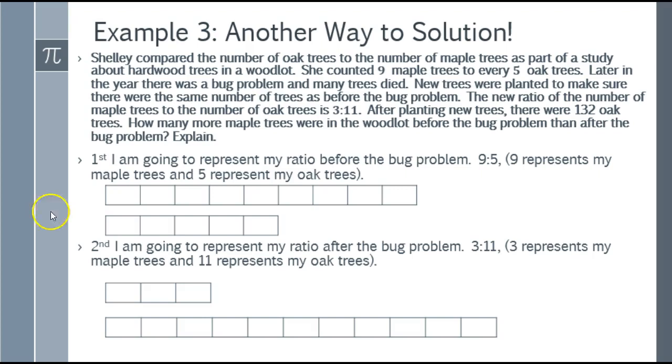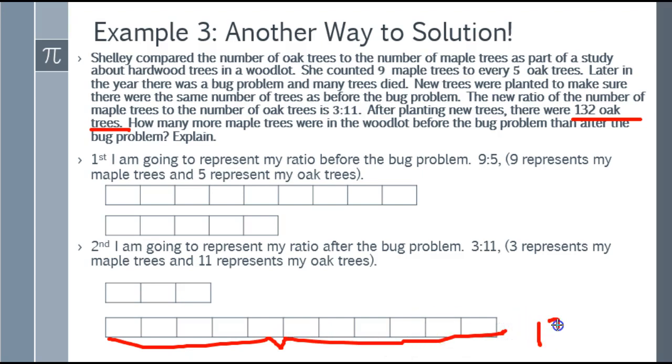Now, once again, I have to get the information out of my problem that I know, which is telling me 132 oak trees after. So once again, I'm going to divide what I know, which is that these 11 equals 132.